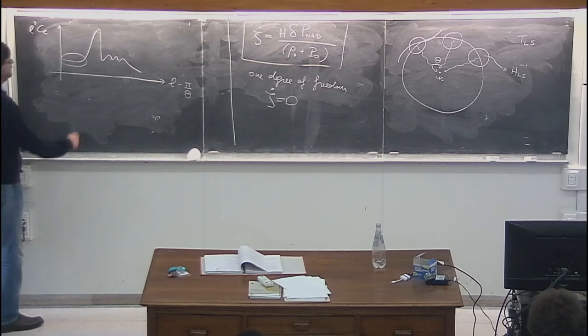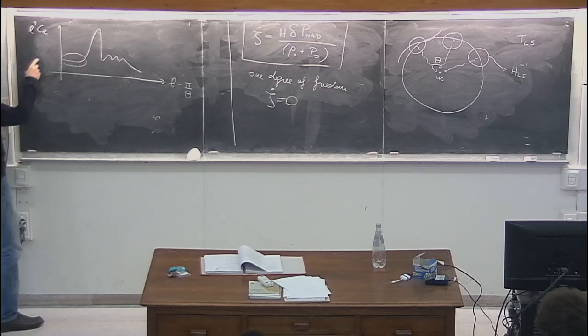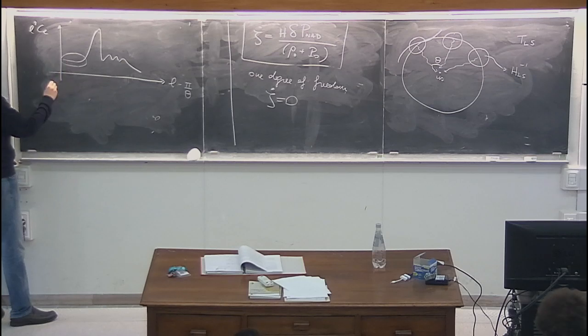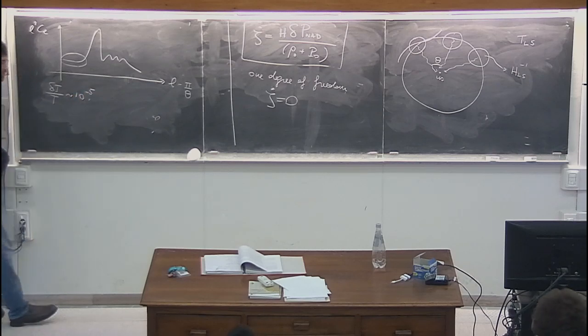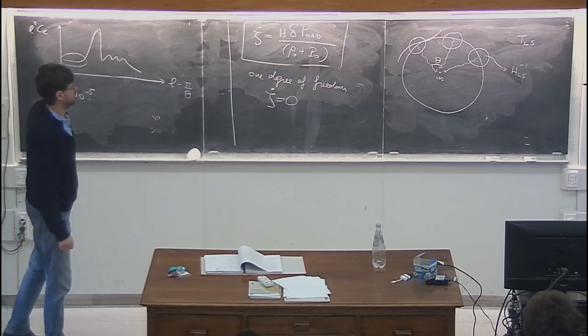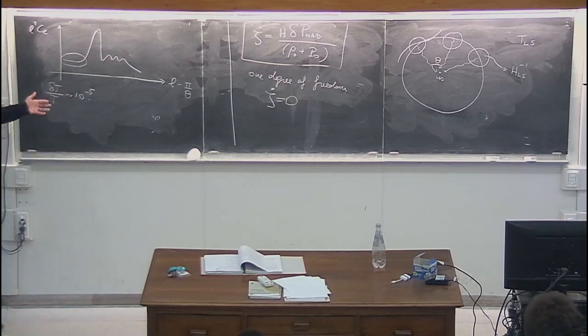In fact, it turns out that experimentally this behavior is quite flat, in proper units. And as you know, delta T over T is of order 10 to the minus 5. So we measure anisotropies which are small. In that sense, we can do linear perturbation theory when we deal with them, and we expect that we don't need to go to higher orders.